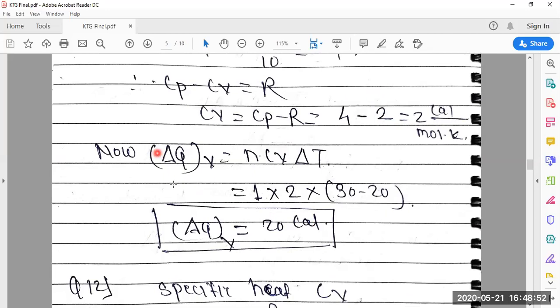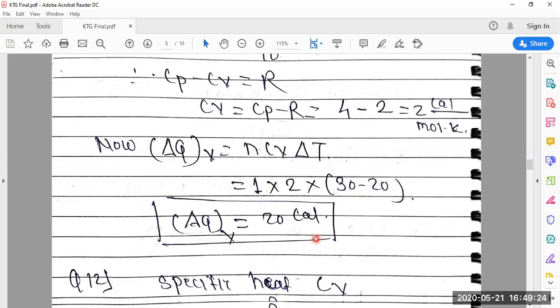Now calculate the amount of heat required at constant volume. The number of moles is also the same, Cv is equal to 2, and the change in temperature is the same interval. So the amount of heat required to increase the temperature from 20 to 30 degrees at constant volume is 20 calorie. So the correct option for question number 11 is A.